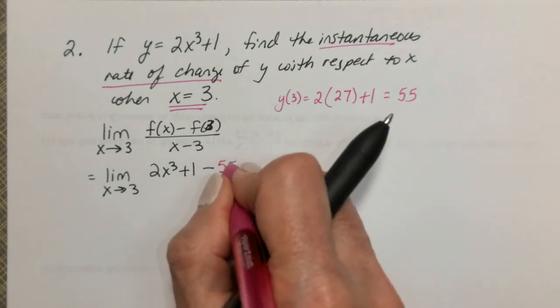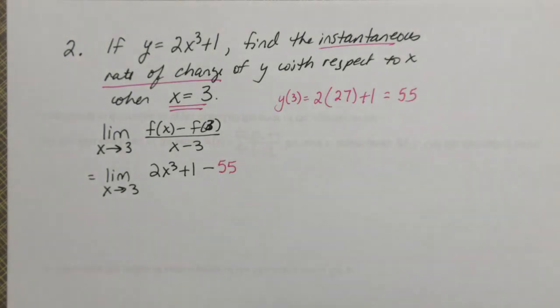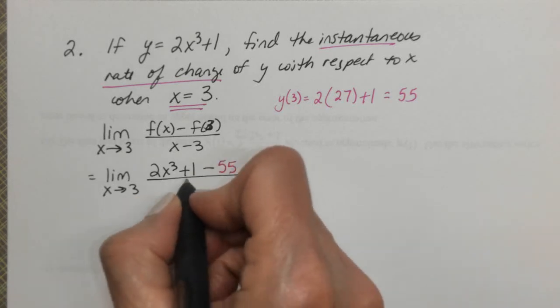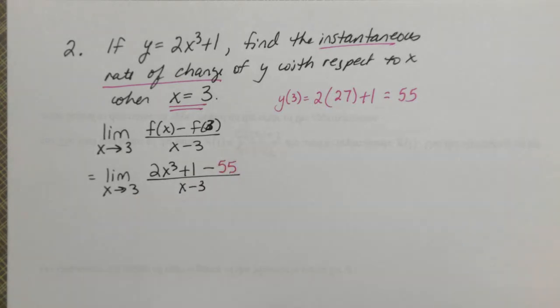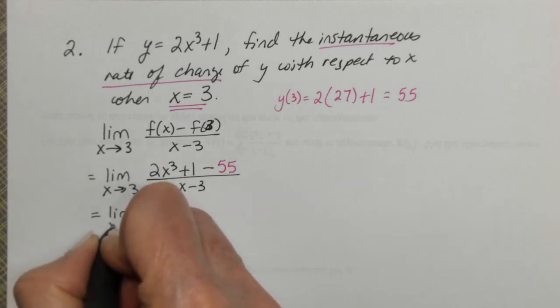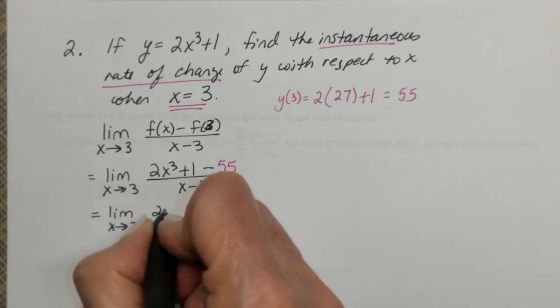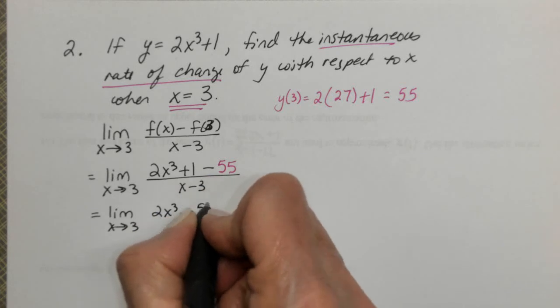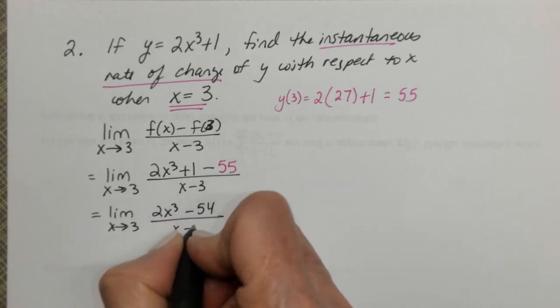So we have 55 right there, all over x minus 3. Let's simplify this. We have 2x cubed minus 54 over x minus 3.